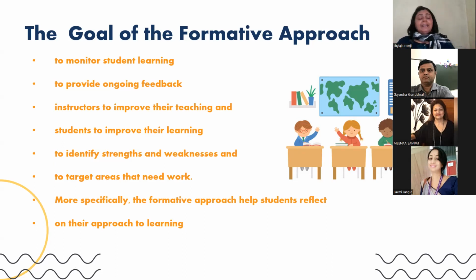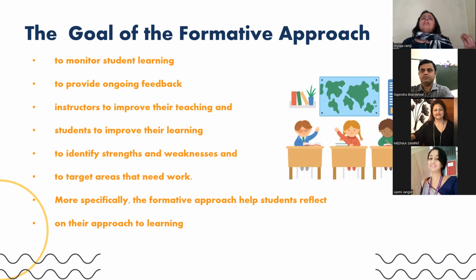So he learns that. And he understands his weakness, and to target areas that need work. So by the time we come to the summative, he is able to understand the areas where there is lacunae, and he is able to sort of fill that lacunae when he approaches his graded examination.